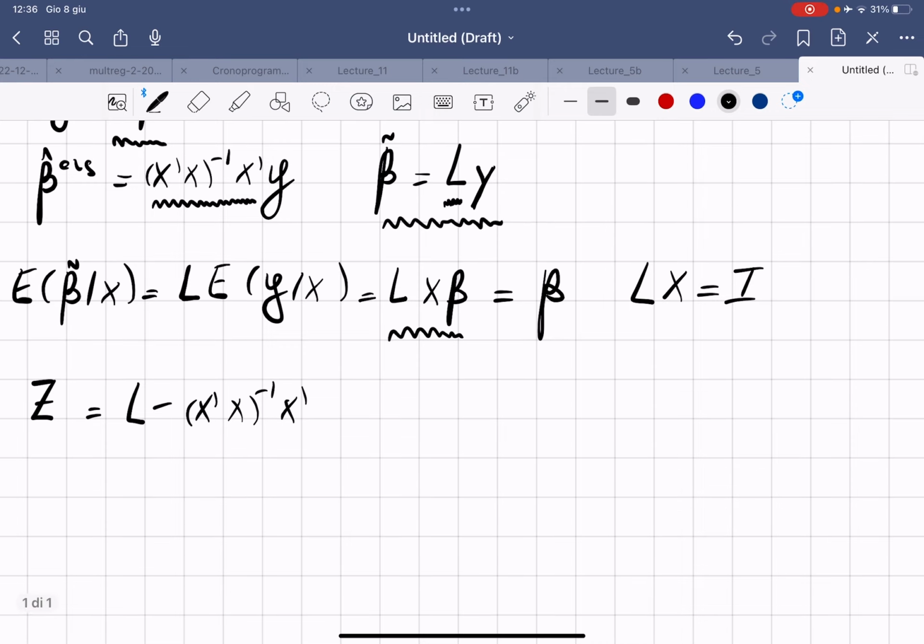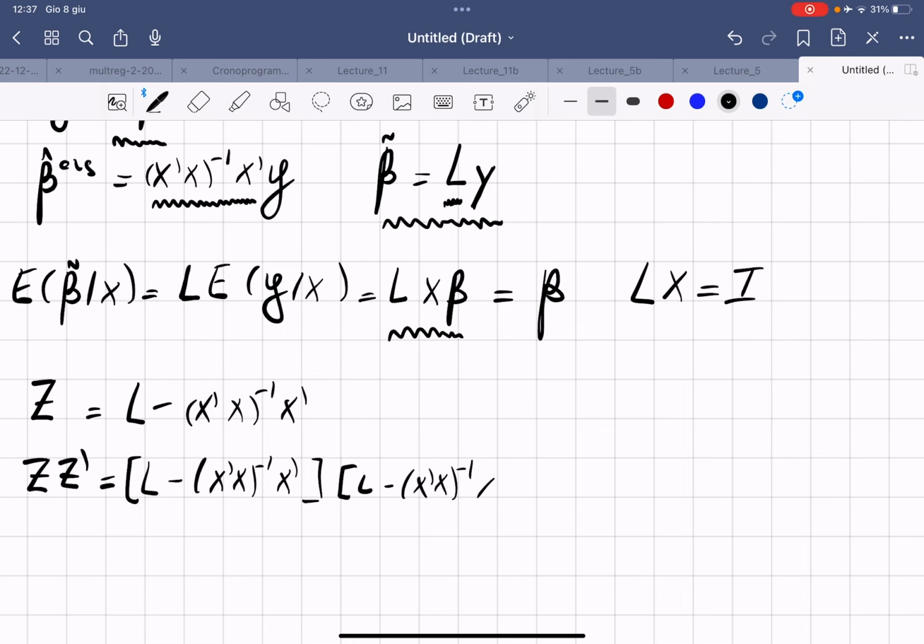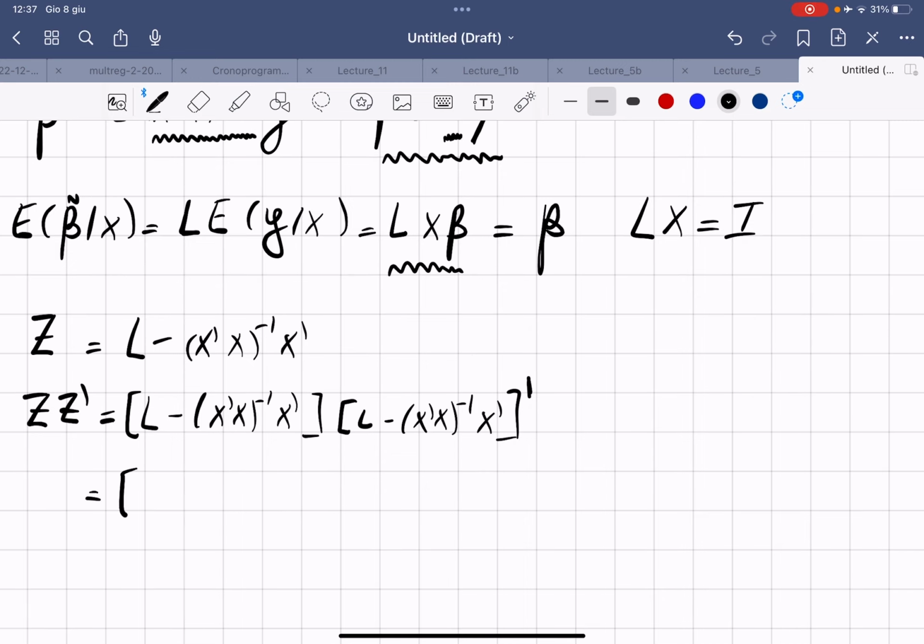Now we take the square of this, that will be Z times Z transpose. Then we multiply L minus X transpose X inverse X transpose times L minus X transpose X inverse X transpose, all this transposed.